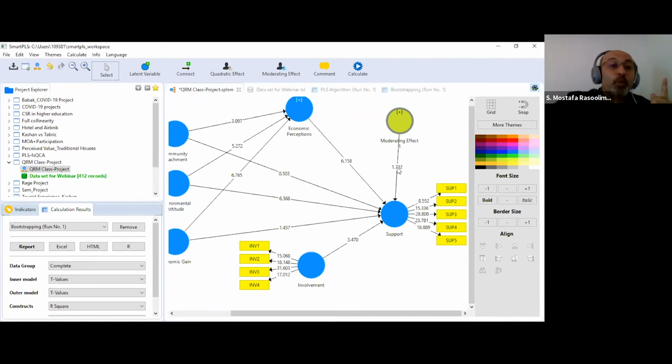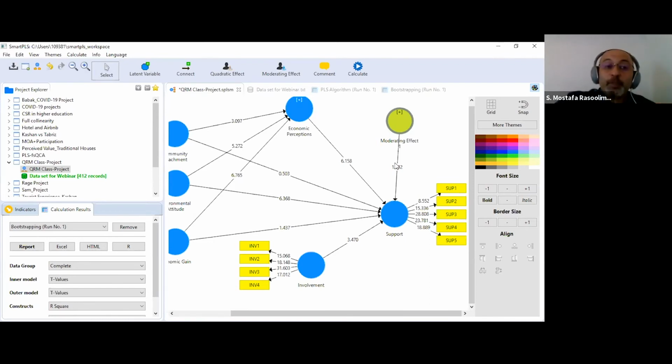If in the moderation hypothesis we don't have a sign, our hypothesis is two-tailed, so it can be negative or positive, stronger or weaker. Any significant coefficient with any sign, we can support the hypothesis.